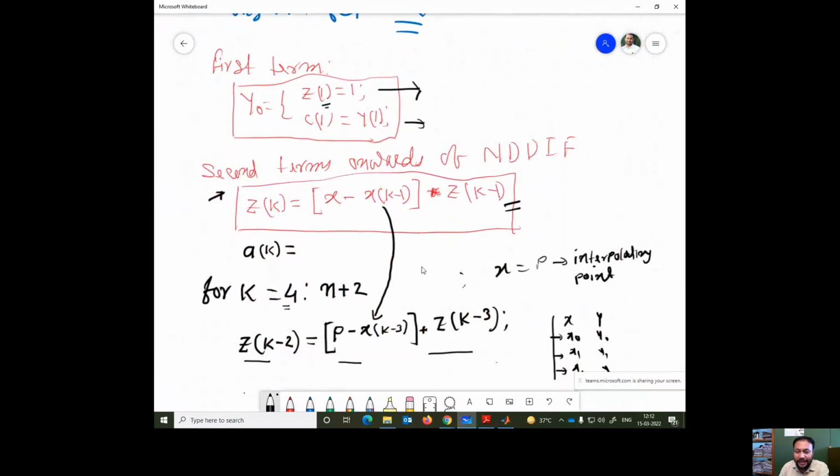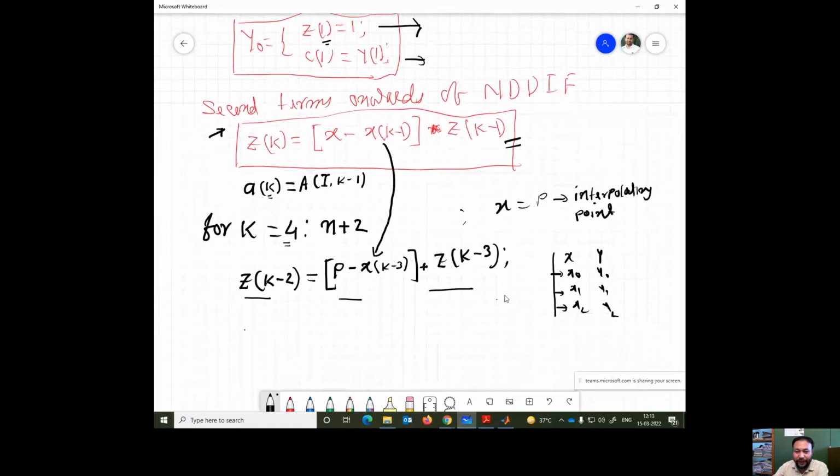Now, this Ak is defined from the matrix A, from the first row and the column number. From where do I want to take the column number? I want to take column number from k equal to 1 onwards. Why? Because our for loop is trying to move from k equal to 4. If k is equal to 4, A is the matrix where I take the first row and third column onwards.